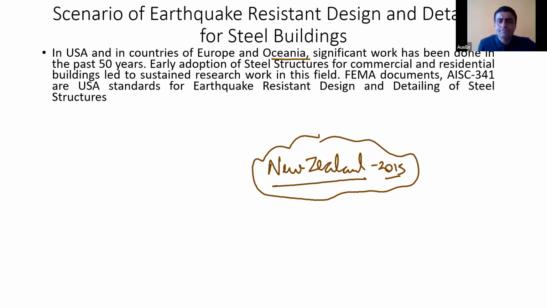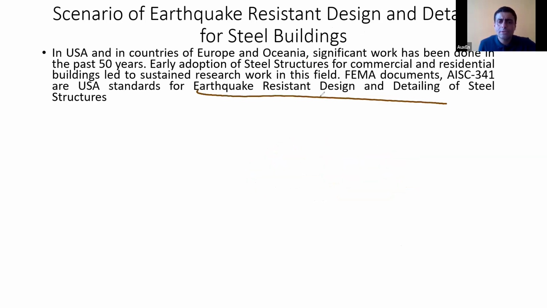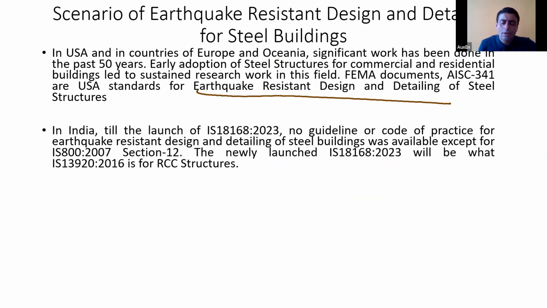Anyway, these countries did a lot of work, and because steel structures were adopted early, mainly in the US, they also developed the codes for earthquake resistant design and detailing. All these things we have covered. And in India, we did not have any guidelines or any code. We only had IS 800 2007, Section 12.